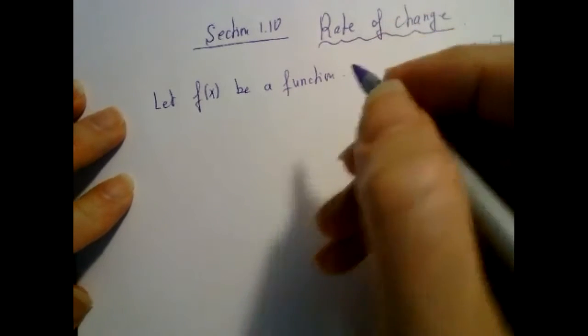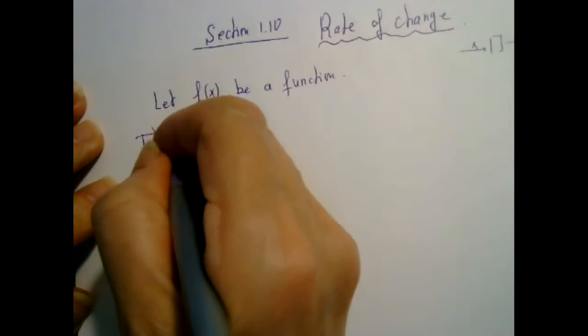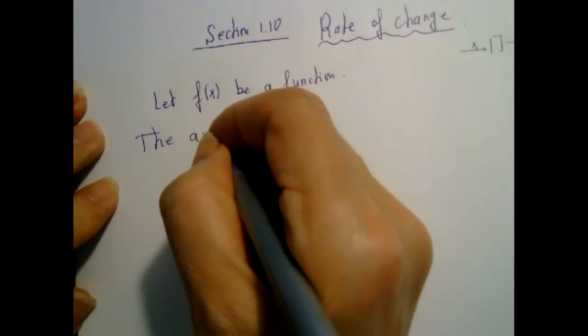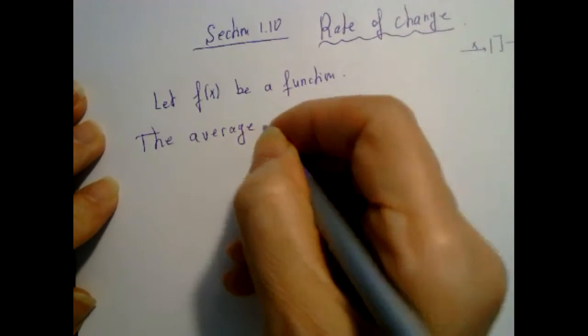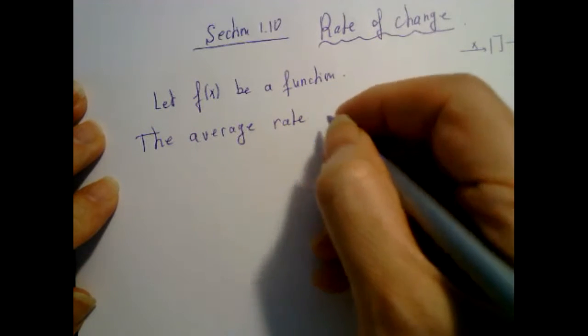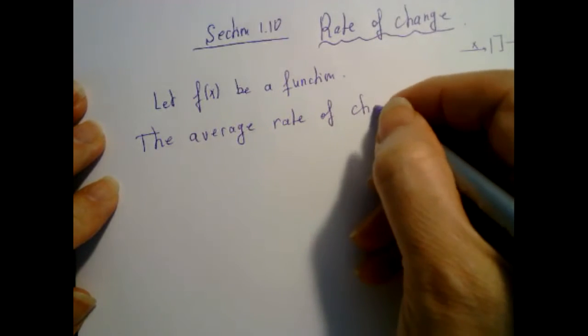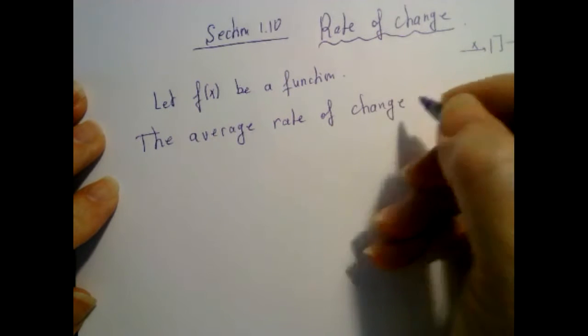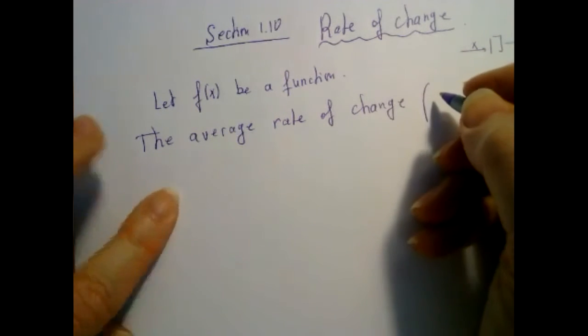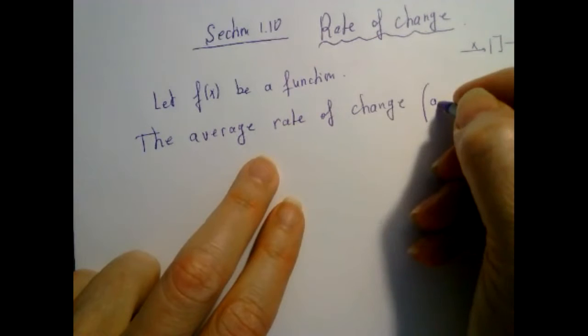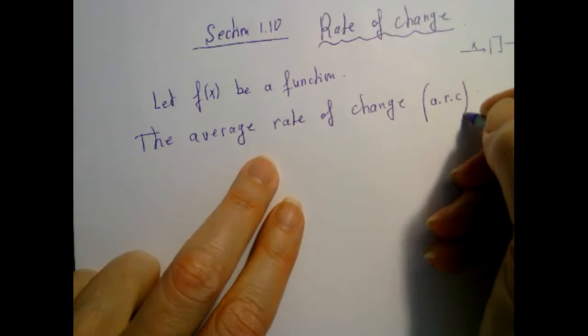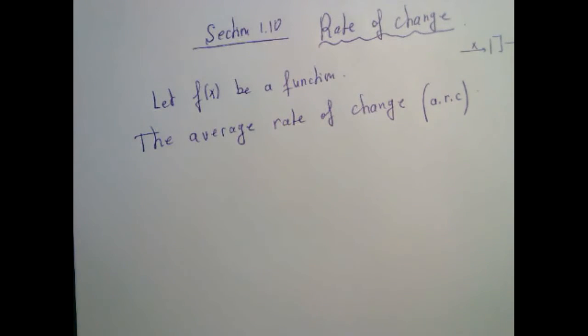So let f of x be a function. Then the average rate of change, which a lot of the time we abbreviate, is the usual abbreviation.